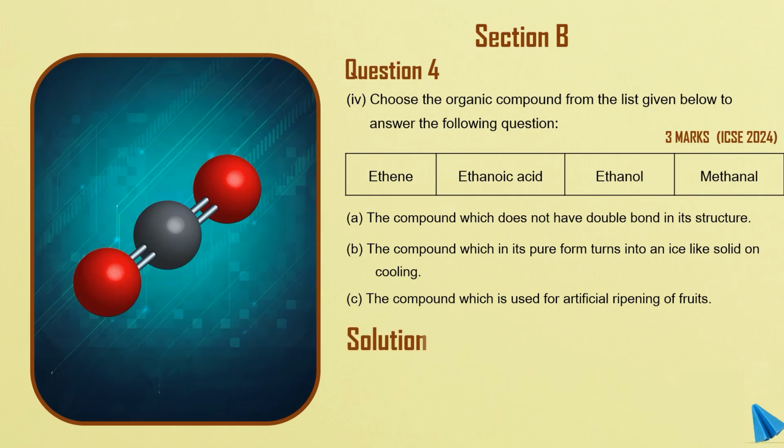So the answer to the first question is ethanol, the compound which does not have a double bond in its structure, that is C2H5OH. The compound which in its pure form turns into an ice-like solid on cooling is ethanoic acid. And the compound which is used for the artificial ripening of fruits is ethene.